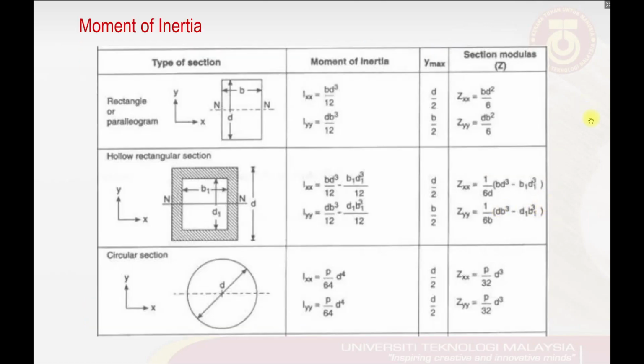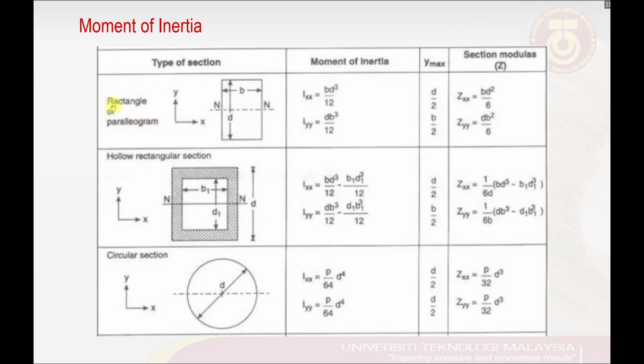One of the most important characteristics, or criteria, of the beam is its moment of inertia. This table shows how we can predict the moment of inertia for different shapes.